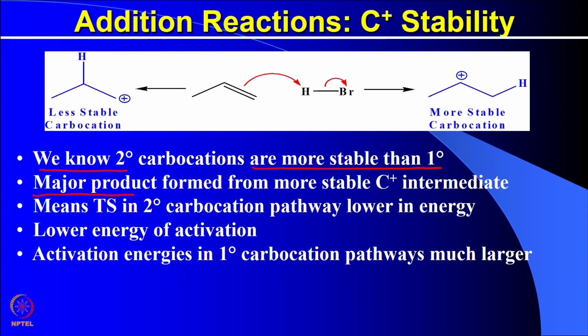The major product is formed from the most stable carbocation as the intermediate, and hence the transition state for the 2 degree carbocation pathway is lower in energy, and hence it has a lower energy of activation. That is why this reaction is favored to form the major product as 2-bromopropane.